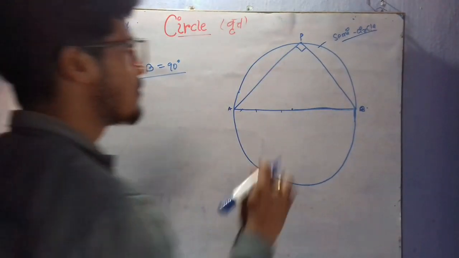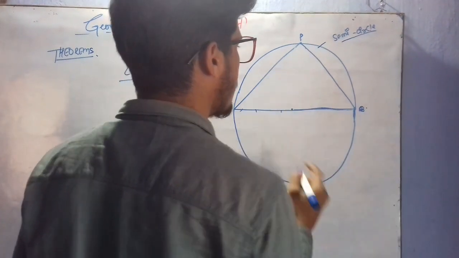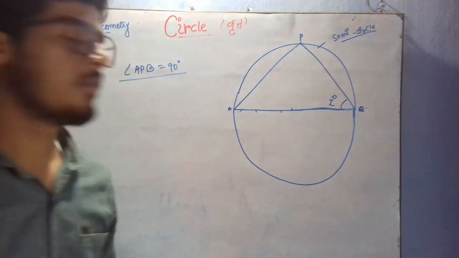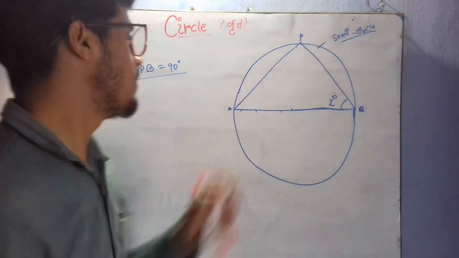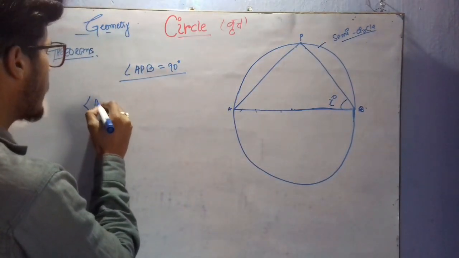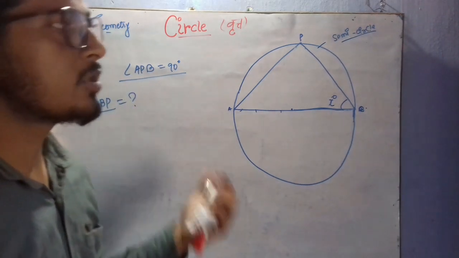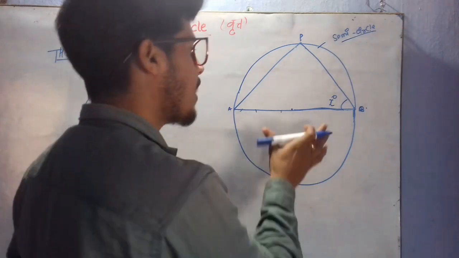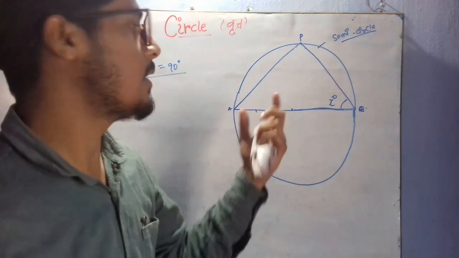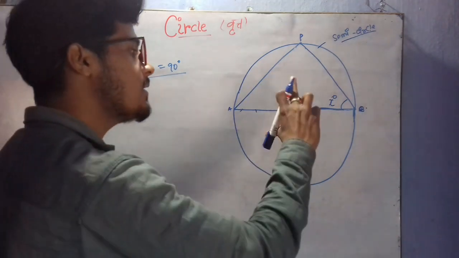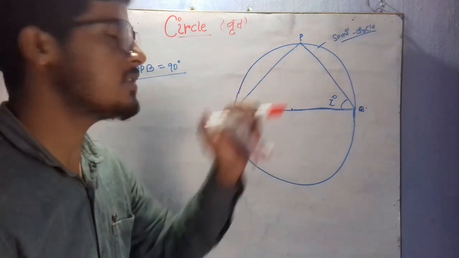Okay, so you have to find the angle ABP. So what will be the value of angle ABP? So through this theorem we know that this is a chord and a chord divides a circle into two equal halves. Okay, so from theorem 4 we know that the angle in a semicircle is always 90 degrees.